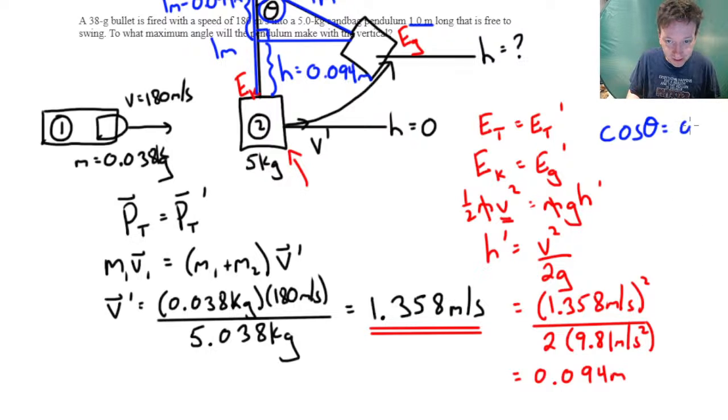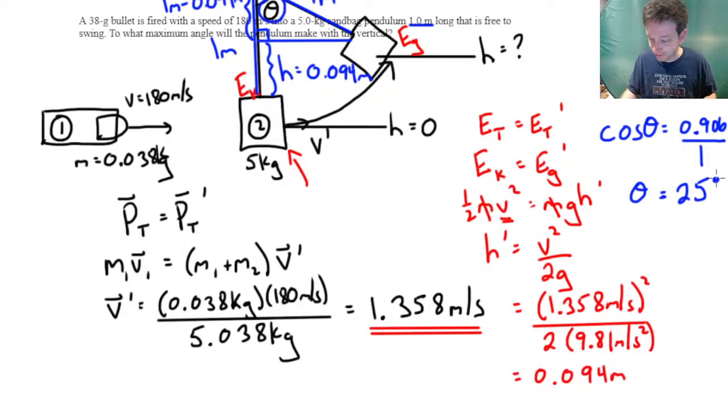So we've got 0.906 meters. The meters are just going to cancel over 1. So take the inverse cos of 0.906 and we can figure out the angle. There we go, 25 degrees. So it's going to go up to an angle with the vertical of 25 degrees.